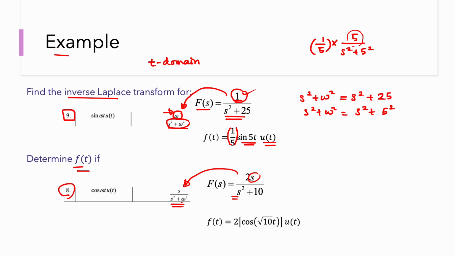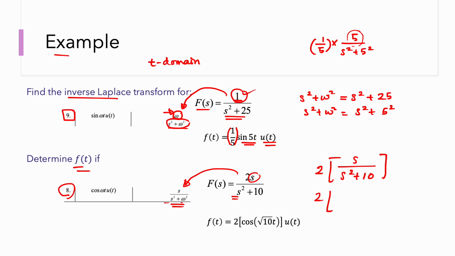So how do we use this equation? We bring the 2 in front, so it's s over s squared plus 10, but our omega should be squared as well.